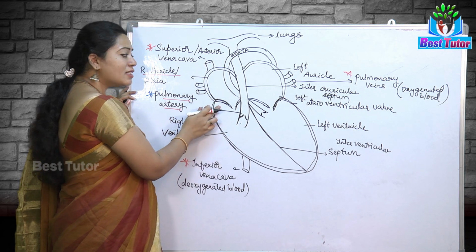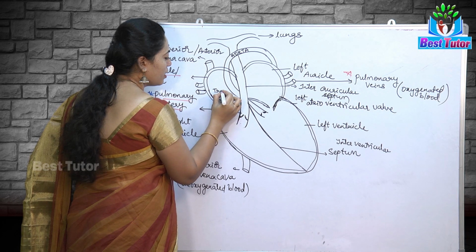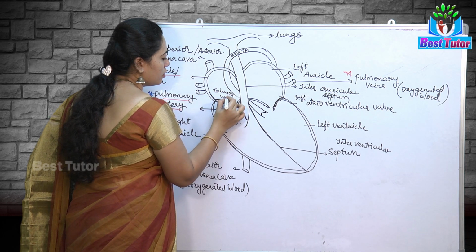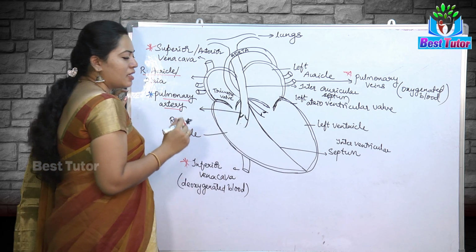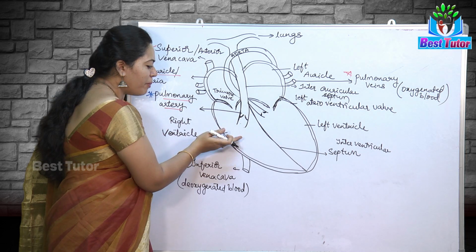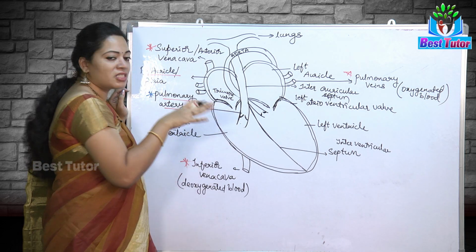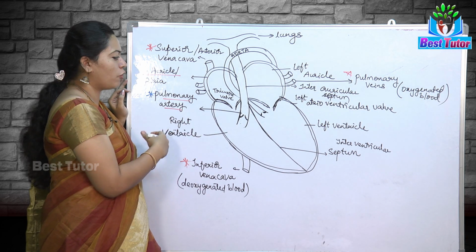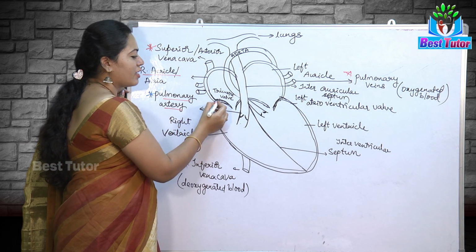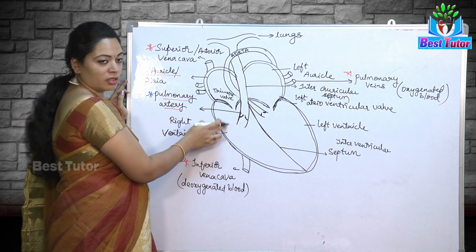Now, the right side atrioventricular valve is also known as the tricuspid valve, because it has 3 leaf-like cusps or flaps which prevent the backflow of blood from the ventricle to the auricle. So, something which is obstructing the backflow of blood. This valve is known as the tricuspid valve, present in between the right auricle and right ventricle.